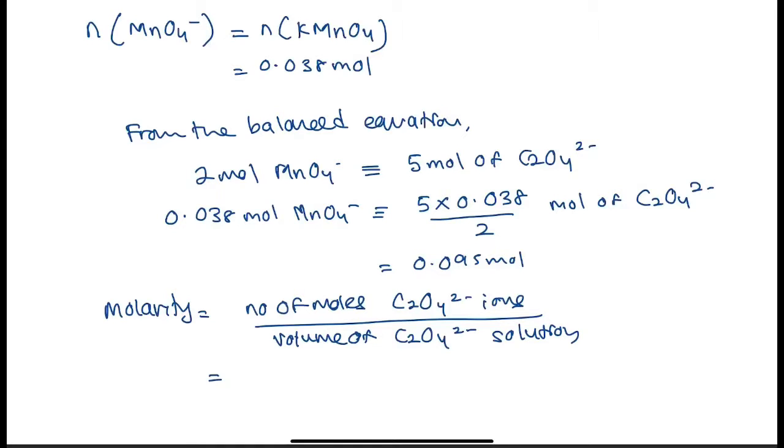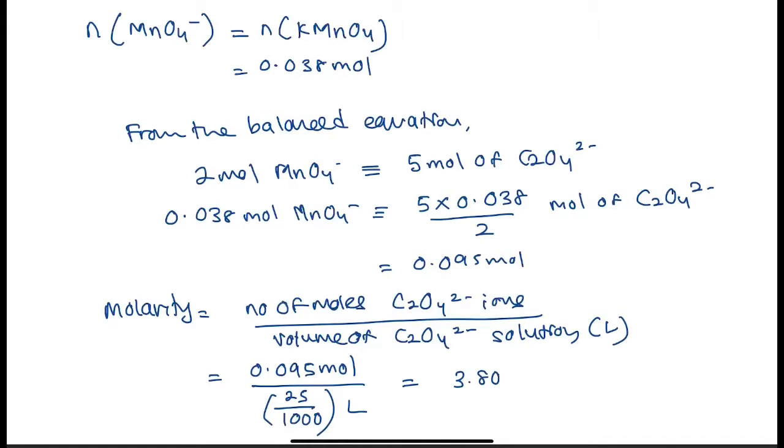So here it would be 0.095 mole divided by the volume. If you remember reading from the question, it was 25 ml, and since the volume of solution must be in liters, it should be 25 divided by 1000. And the final answer would be 3.80 moles per liter.